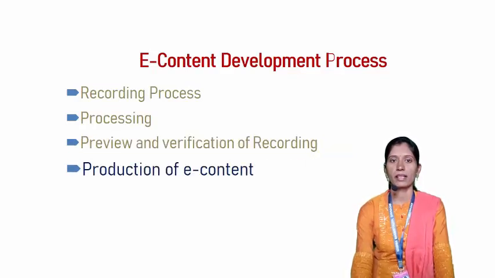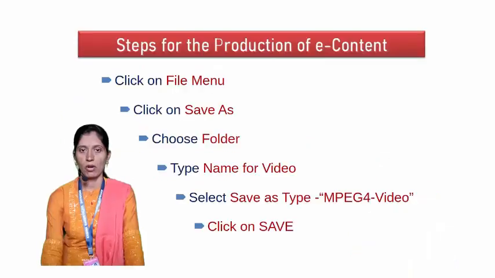Production of the e-content from the PowerPoint presentation is the final part of the e-content development process. Follow the on-screen instructions to produce e-content from the PowerPoint presentation. Click on the Save As option available under the File menu. Choose a folder to save the e-content.